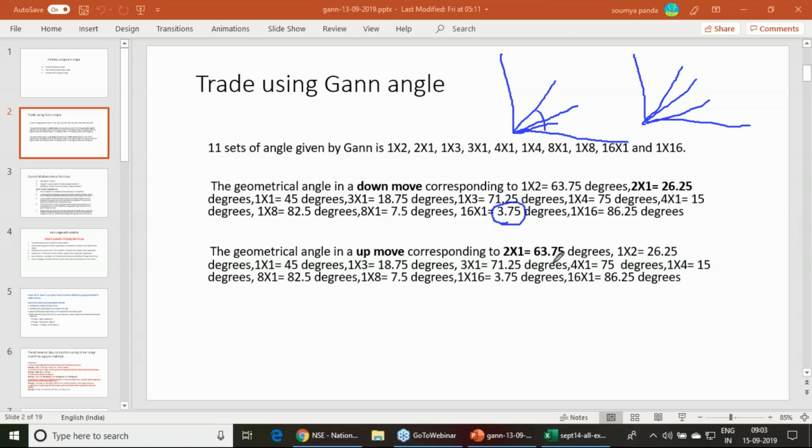So this has become your smallest angle. First it is divided into two, second it is segmented into three, and then half and half he goes. So the first angle is 3.75 degrees, the second is 7.5, the third is 15 degrees, and likewise it goes up to 86.25 degrees.